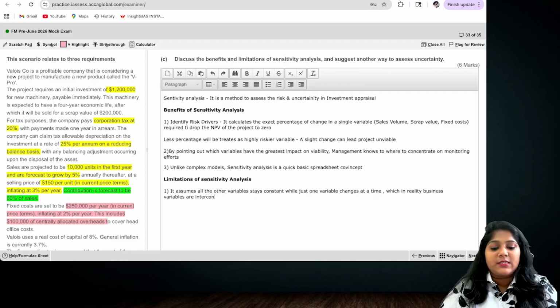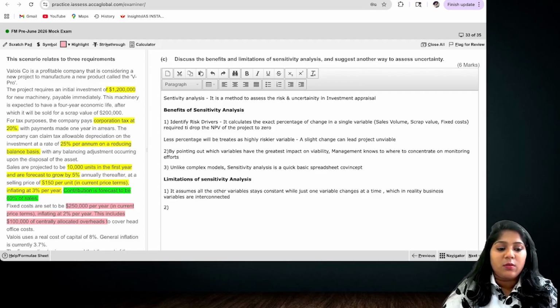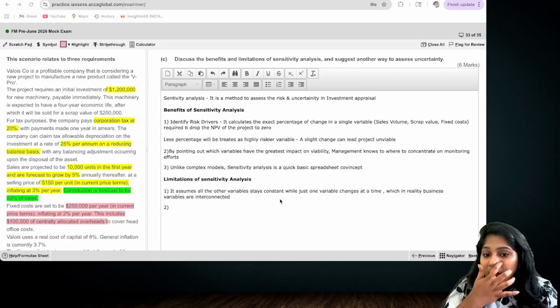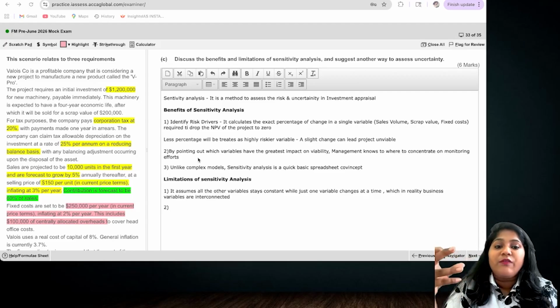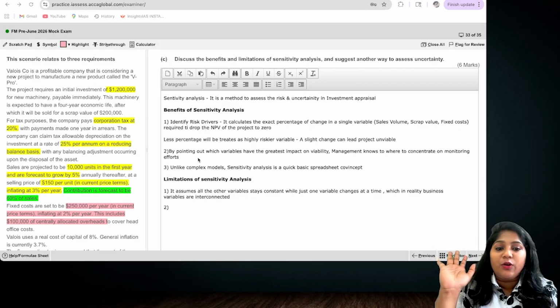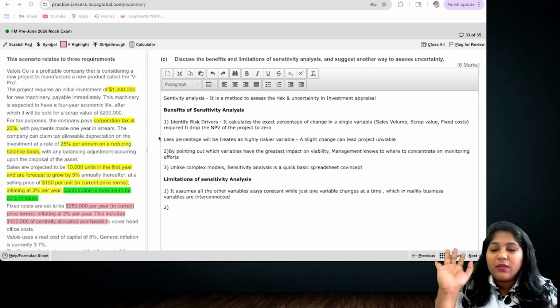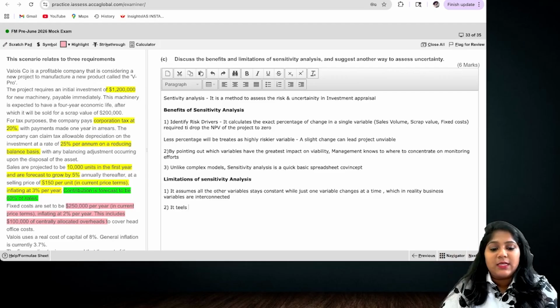What is the next disadvantage that you can talk about? It tells you the consequence of a change. For example, if sales fall by 5%, NPV becomes 0. But it tells you absolutely nothing about the likelihood of that change. I mean, it tells you the consequence but not the probability.